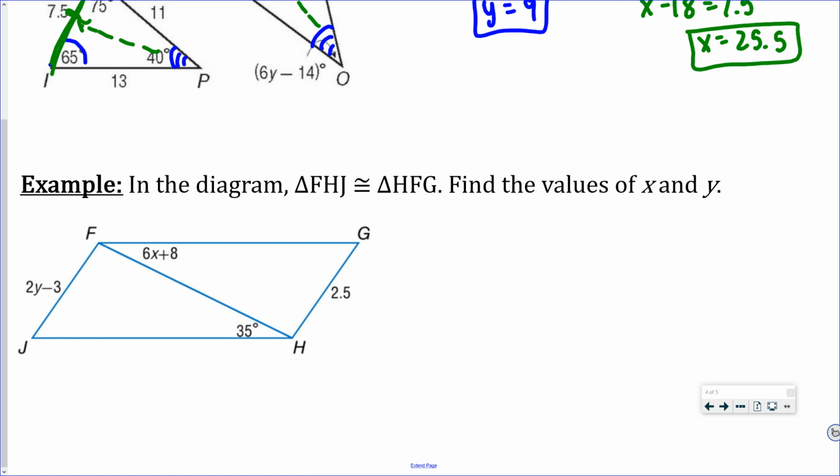Get some decimals, that's okay. You got 1 minute.